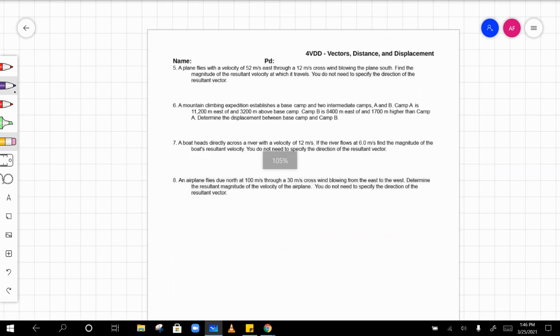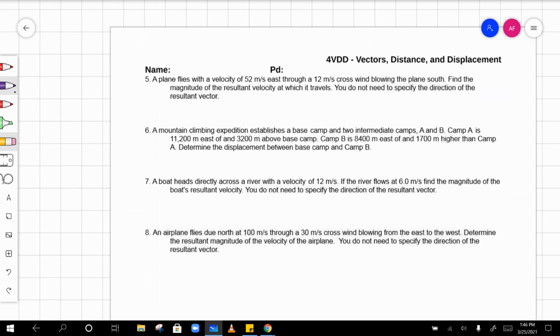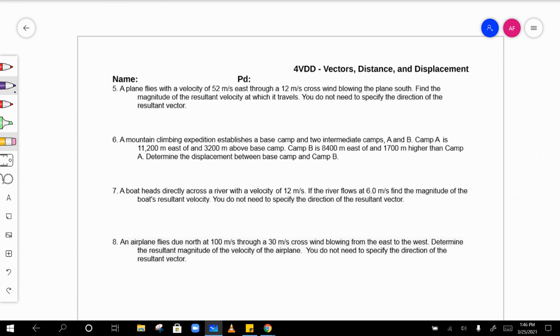Okay, next ones. Okay, a plane flies with a velocity of 52 meters per second east. And the wind is blowing 12 meters per second south. So I drew these the wrong way.